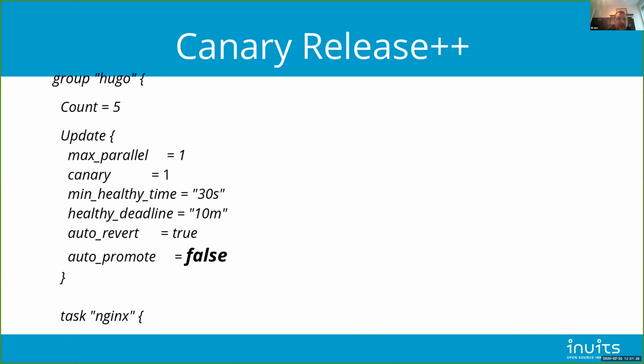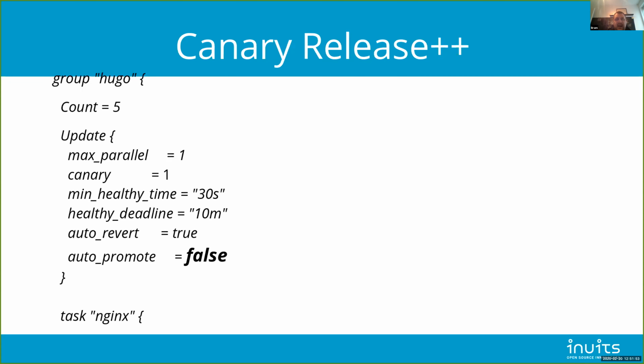In this case, we want to investigate if our Canary is actually doing what it's supposed to be doing. If you have auto promotion turned on, you basically assume that the only way it will fail is catastrophic failure, which Nomad will pick up and then auto revert.